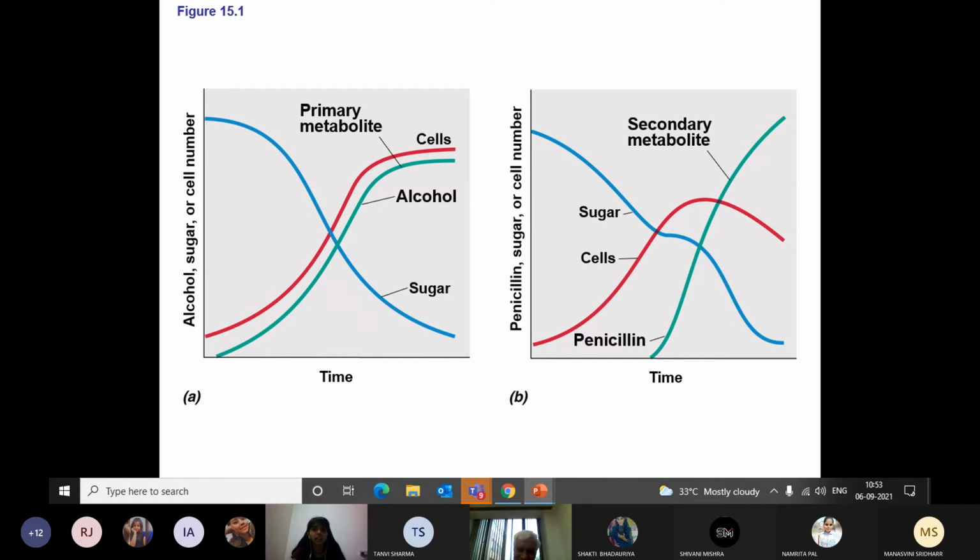And when the death of cells starts after the stationary phase, the cell lysis occurs, and the production of secondary metabolites increases exponentially.